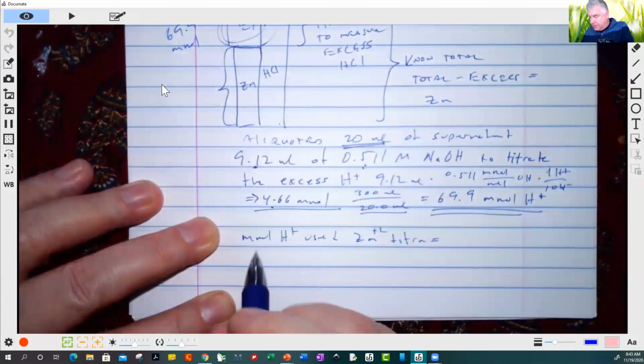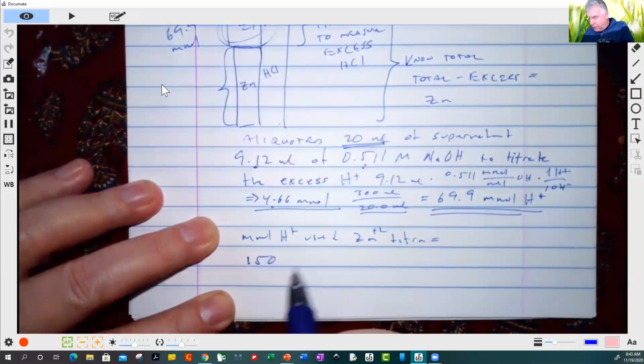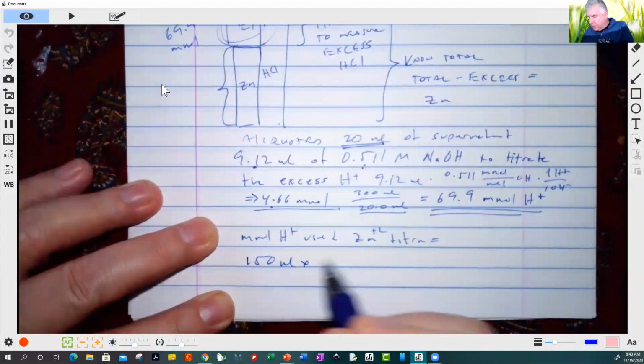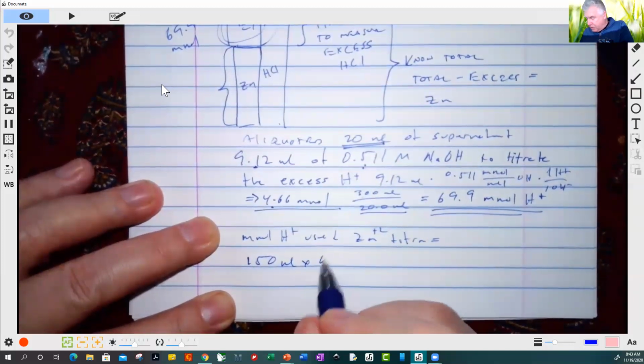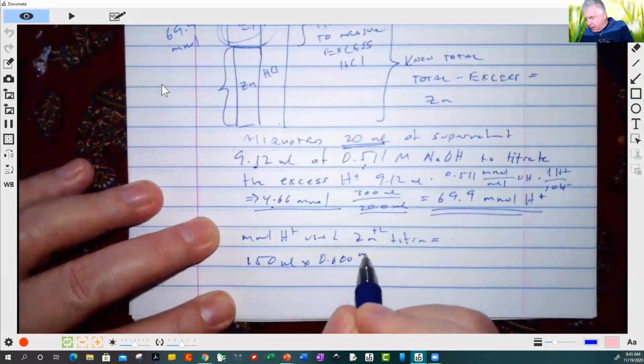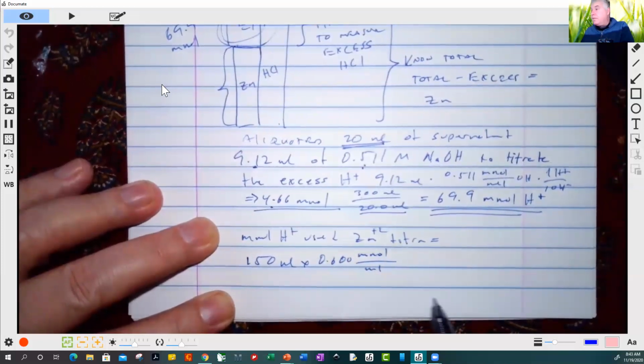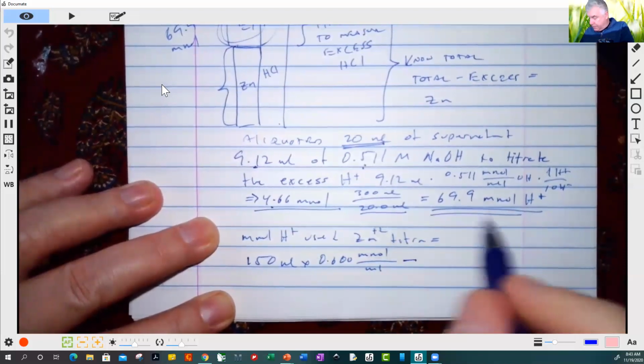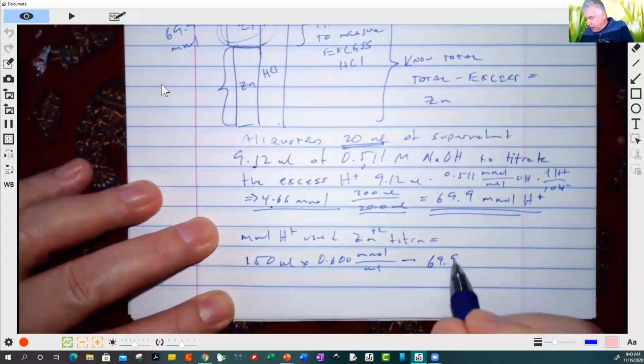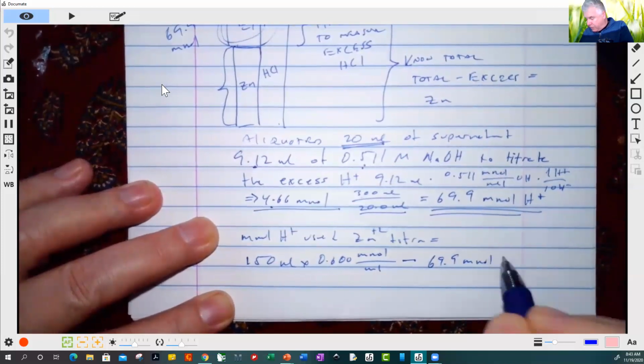So it's going to be 150 mLs times 0.600 moles per mL minus 69.9 millimoles of H+, right?